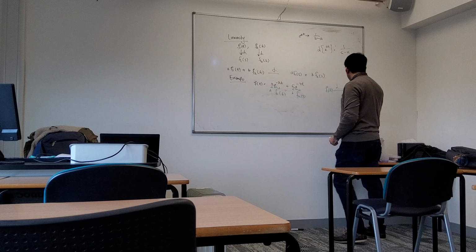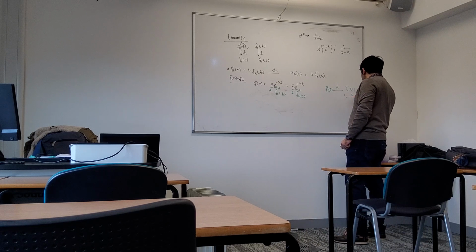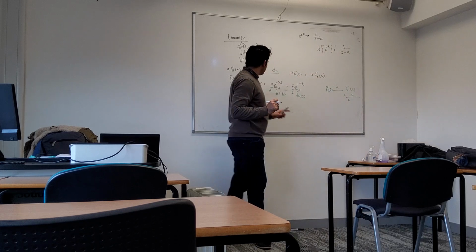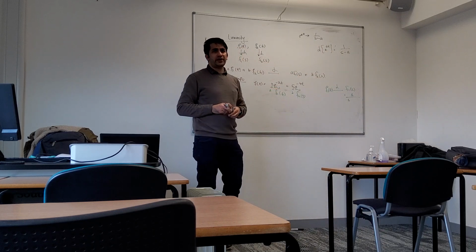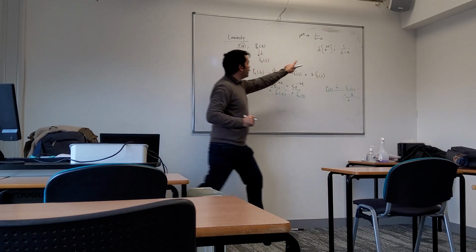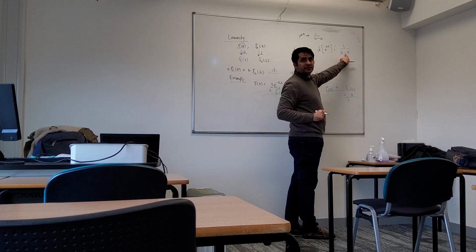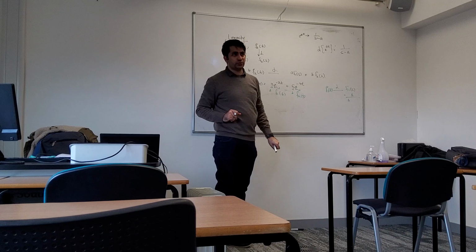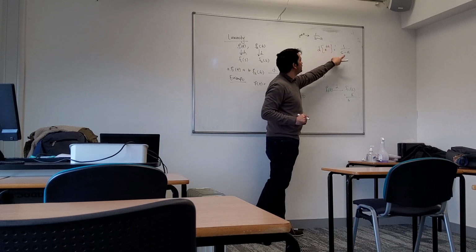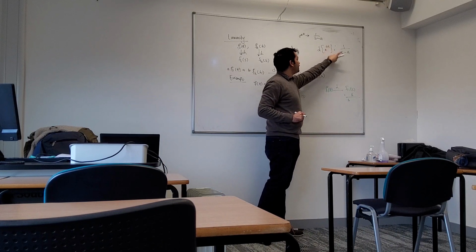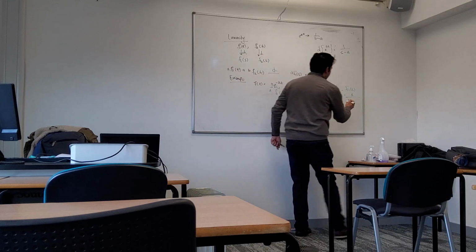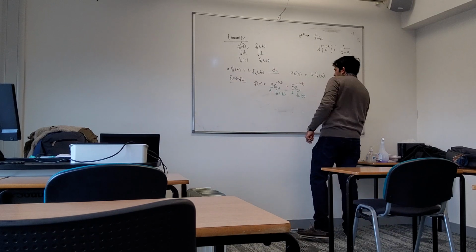So for f1 of t it would be 1 divided by s plus 2. If you have a plus here, you get minus here, right? Here you have minus 2, so it would be s plus 2.